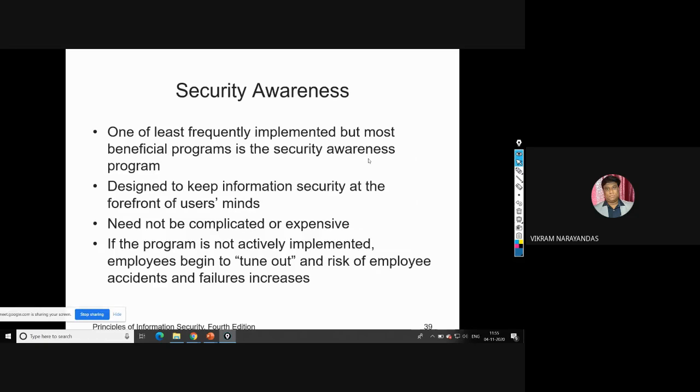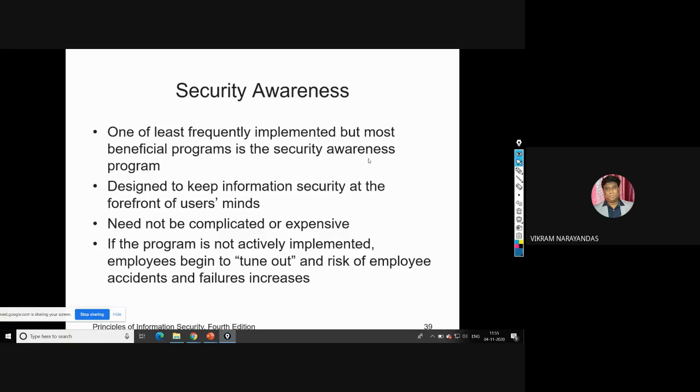Next, security awareness. One of the least frequently implemented but most beneficial programs is security awareness programming. They may conduct quiz-type awareness programs, conference-type awareness programs, or direct awareness programs. Some reviews may be conducted.